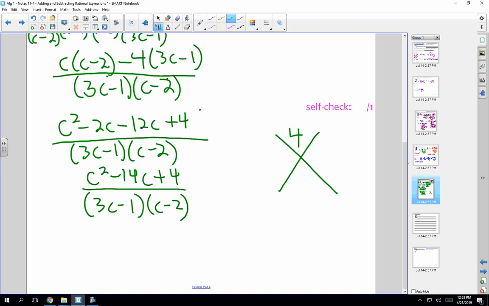So look for factors of 4 that add to equal negative 14. My only factors of 4 are 1 and 4 or 2 and 2. In neither case do those add up to negative 14. Try the negative 1 and negative 4, that adds up to negative 5. So it can't be factored. We can forget about that. We're going to just leave it as is. So that's our final solution. Alrighty, so go ahead and write your summary.